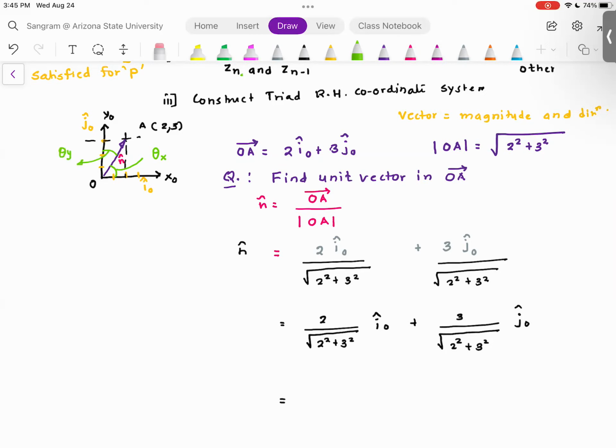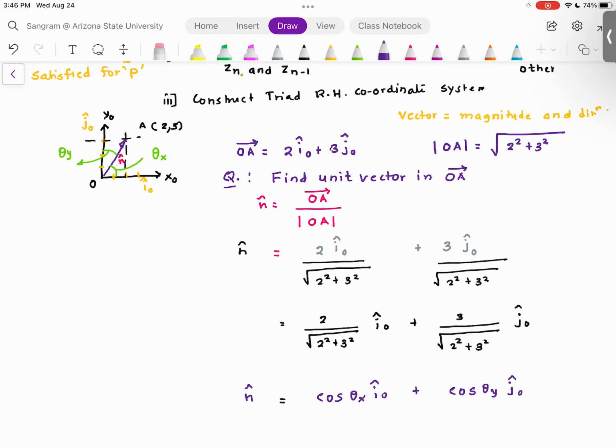Again, in this particular case, theta x and theta y are 90 degrees. So theta y plus theta x is equal to 90 degrees. But this beautifully converts this equation into something like this: cosine of theta x plus cosine of theta y.